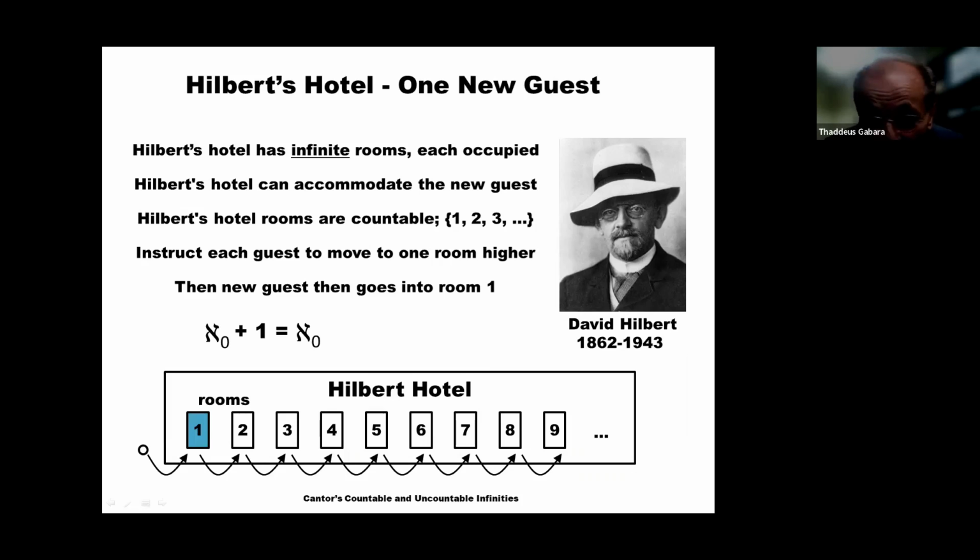So Hilbert can collect the rent from this new guest, as he goes into room number 1. But what this rule says is that we have Aleph null, and we add 1 to it, it makes Aleph null. So we can always add 1 to Aleph null, and it's Aleph null. And we can keep on doing this.